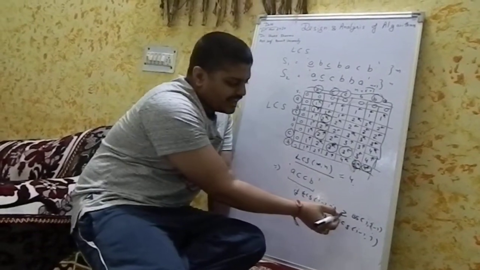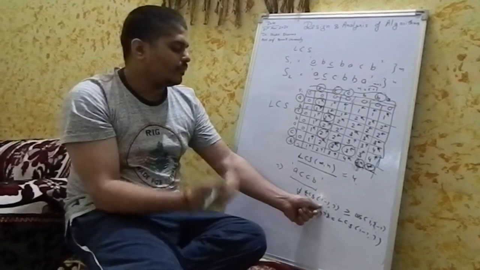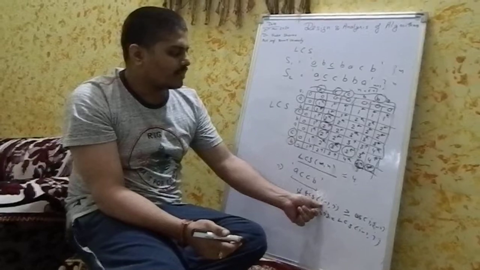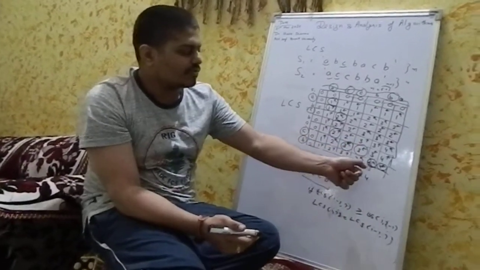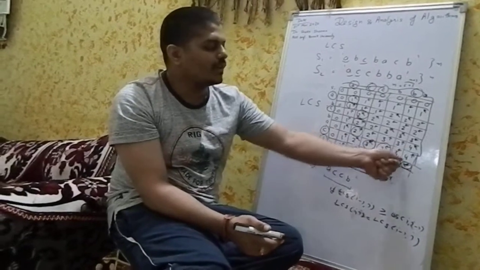If I put equality here, that means I am putting more focus on values which are coming from the upside direction. So I am focusing on this solution rather than this solution when these two values are equal.